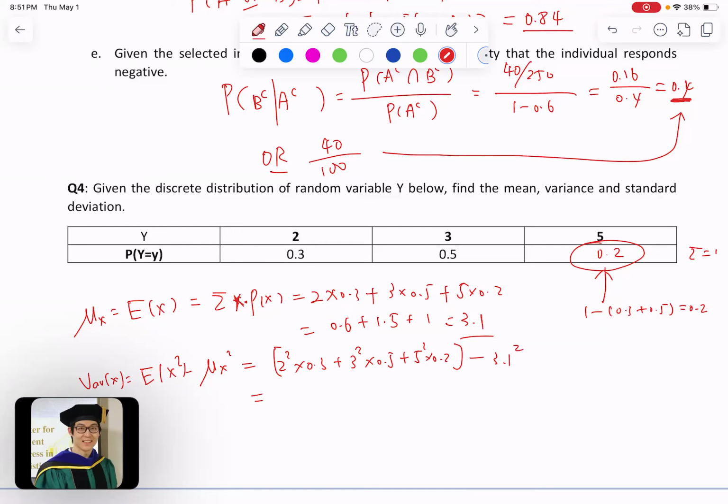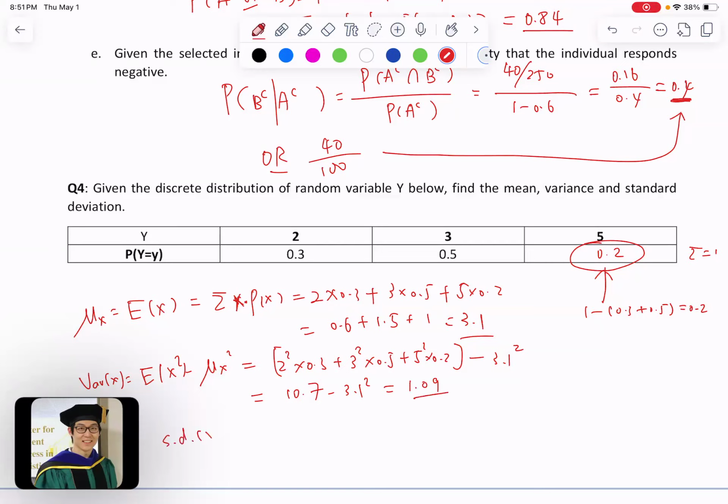So what we have is 4 times 0.3 plus 9 times 0.5 plus 25 times 0.2. So that gives us 10.7 minus 3.1 squared. 1.09, that's the variance, right?